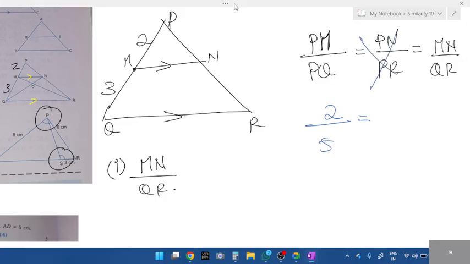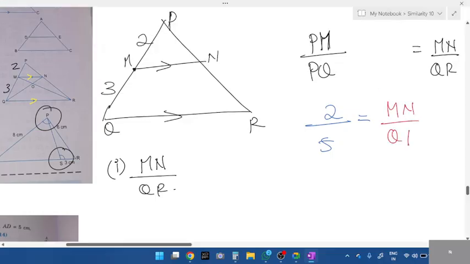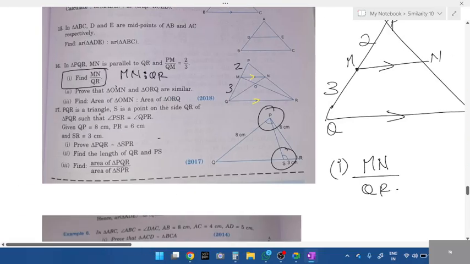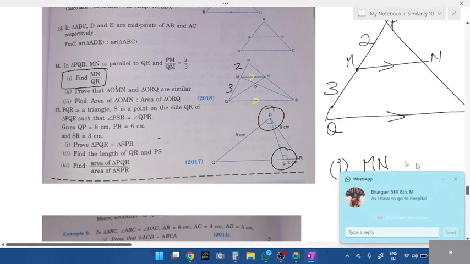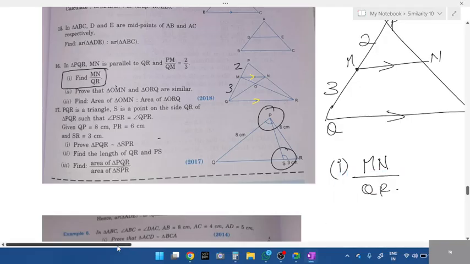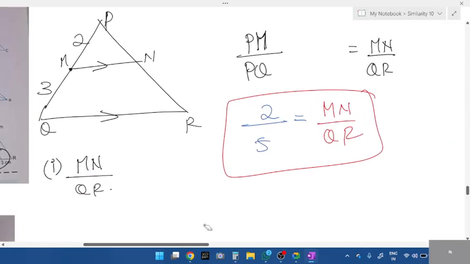Not required, then just remove this. In this BPT theorem, this is not required. What is the other one left? Equal to MN divided by QR. If we get the answer 2 is to 5, can you see? What's the value for MN divided by QR, students? 2 divided by 5. Yeah, make a note of this.